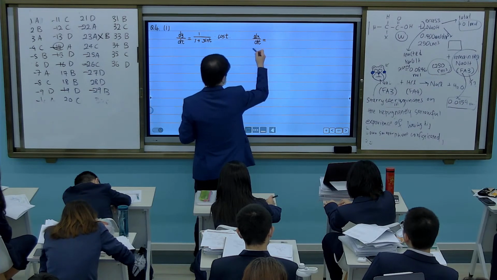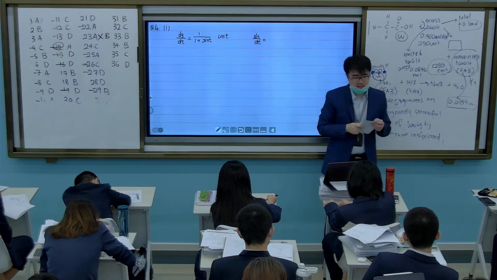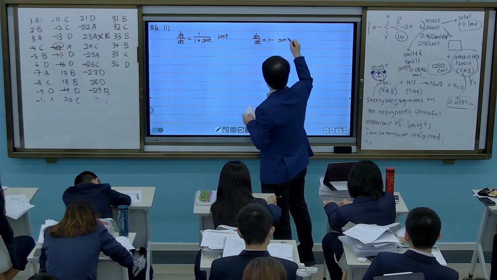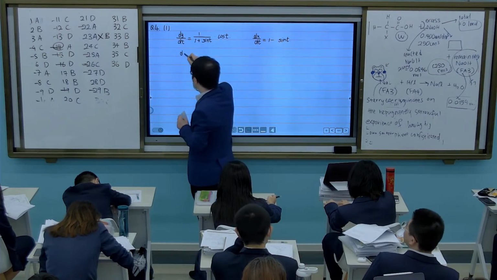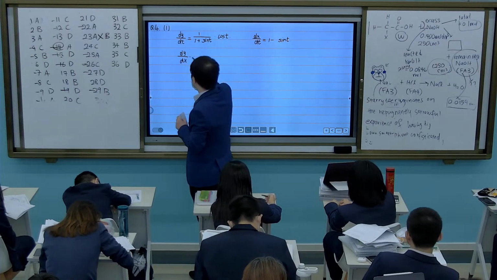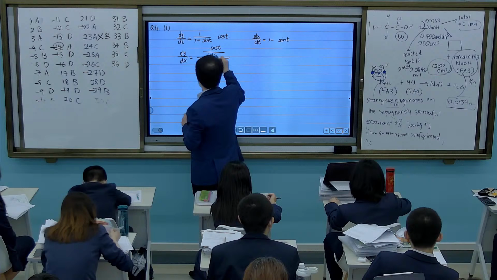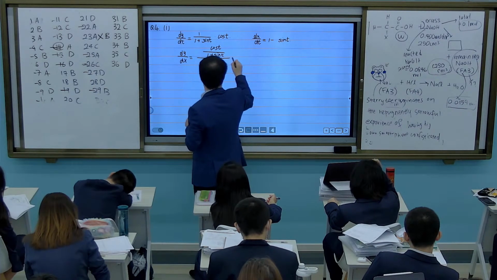Also for dx over dt, x equals t plus cosine t, so it is 1 minus sine t, right? So finally, you can get dy over dx equals cosine t over 1 plus sine t, divided by 1 minus sine t.